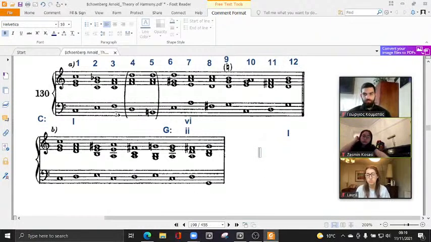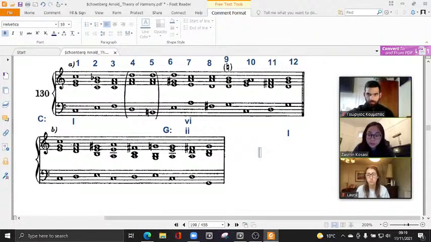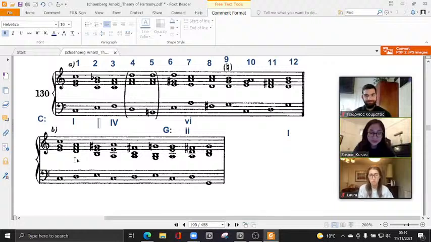So chord 3, subdominant. Okay, fine. Now, before that, what do we have? First of all, is this a diatonic chord or a non-diatonic chord? First, let's start with the definitions.